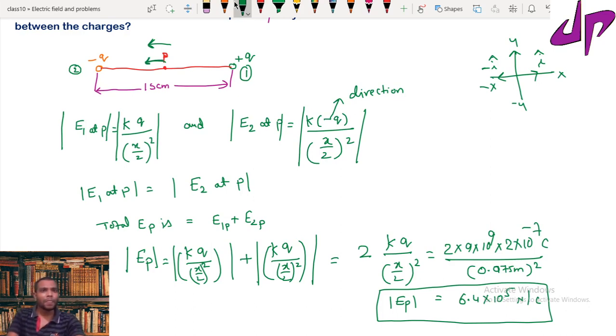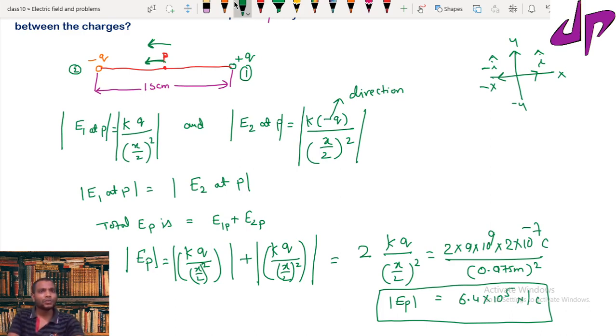Remember carefully, if I bring a positive test charge, that's the one way to know the direction of electric field. If we bring a positive test charge at point P, because of charge 1 and the positive test charge, they repel. So this is the resultant electric field direction.